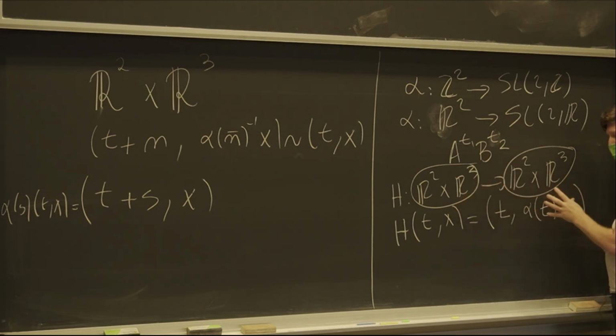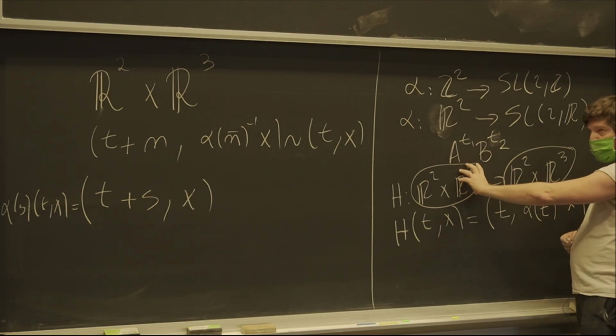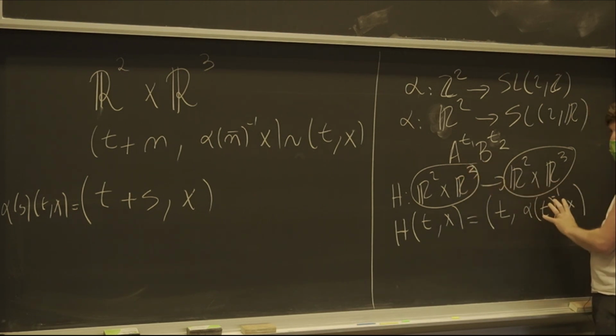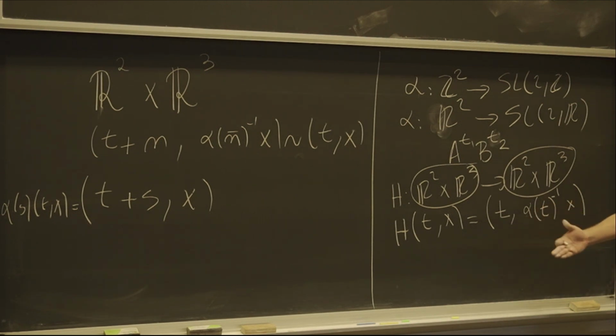Now this change of variable is doing nothing in the time, but it's distorting this R3. So it's changing the Riemannian metric of R3, and the way it is distorted is exactly in a way that at the end of the day will spread out the dynamics at every iterate.